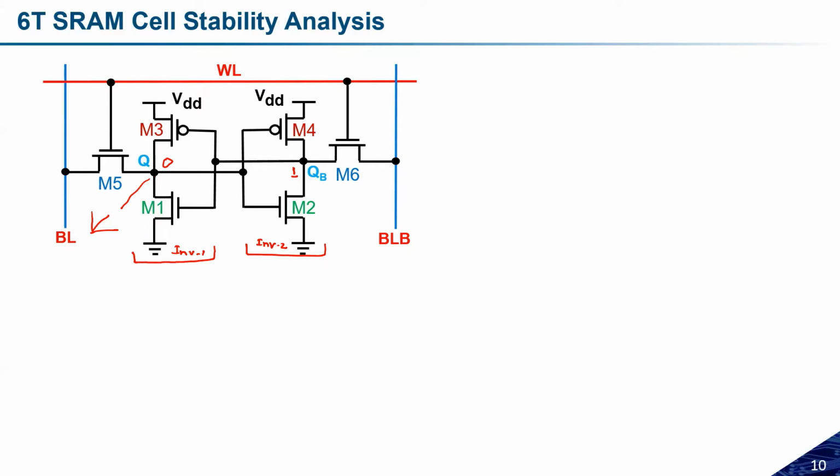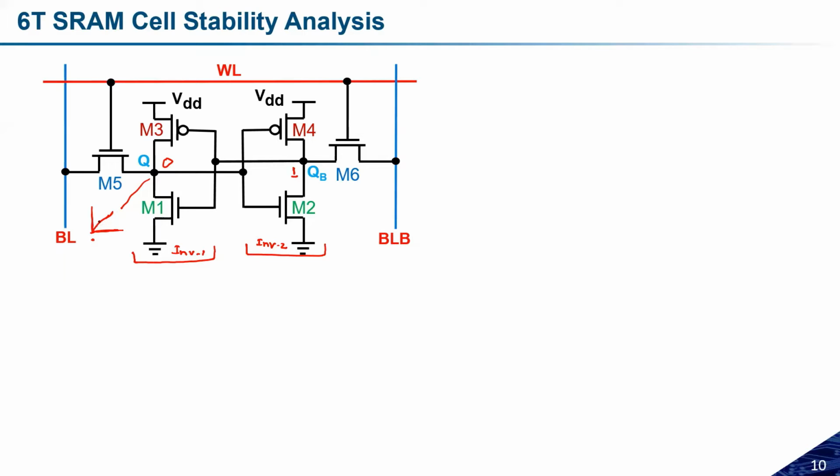Suppose we have some data stored at node Q, which is 0, and at QB it is logic 1. If somehow there is some noise and the storage node Q is changing from 0 to high, then during the initial phase of change there will be no change, the data will be the same.